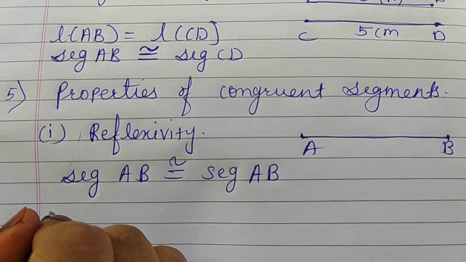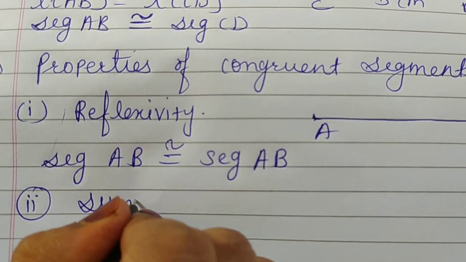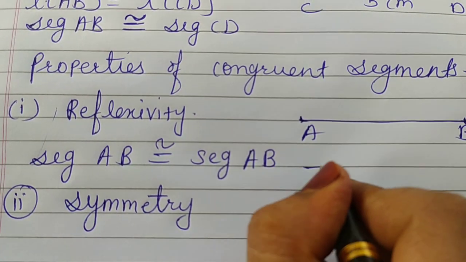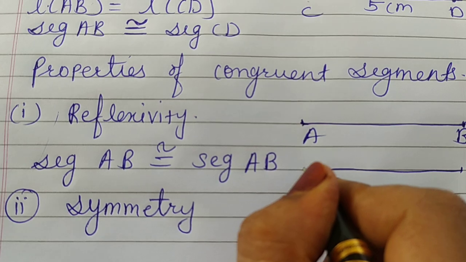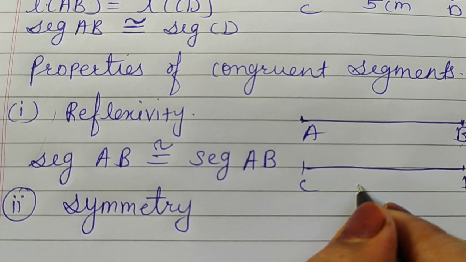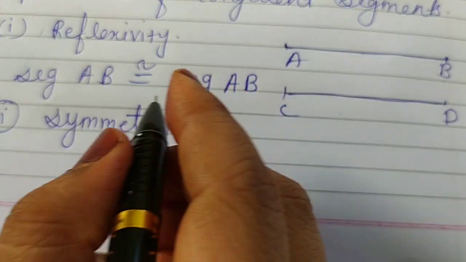Then second one is symmetry. Symmetry means if we have two segments, AB is congruent to CD, then CD is also congruent to AB. That is called symmetry.